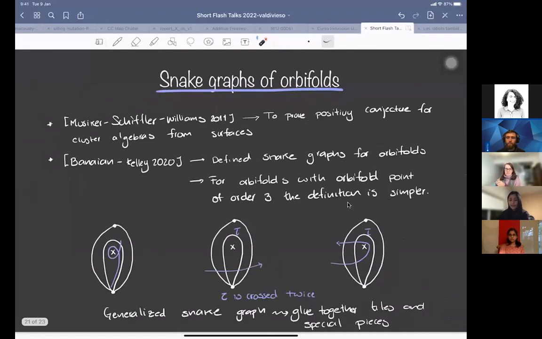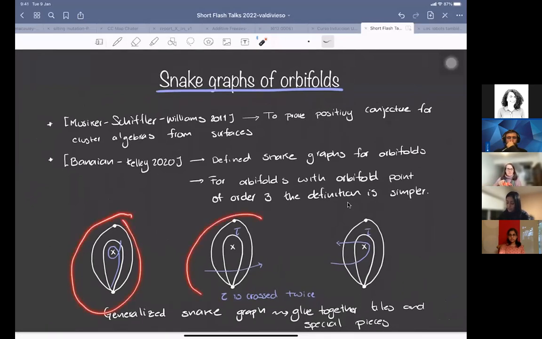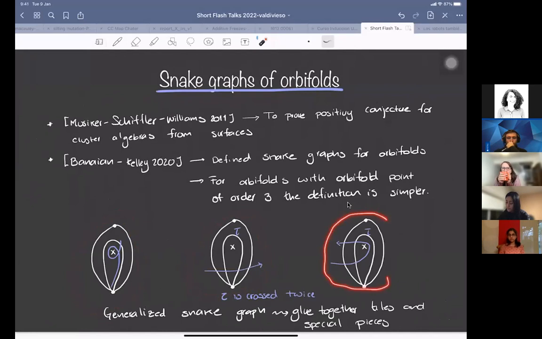In this case, we need to consider basically the usual definition plus three cases. So we need to consider these three particular cases. And in this case, we can observe that our arc is crossing tau twice. So in our snake graph, we are going to have tau twice.